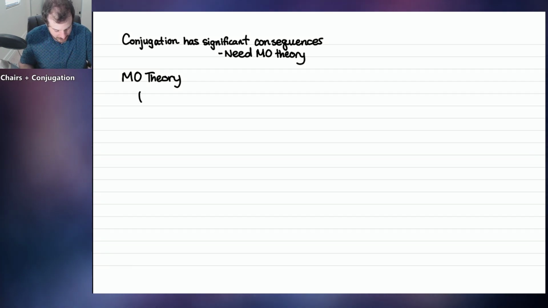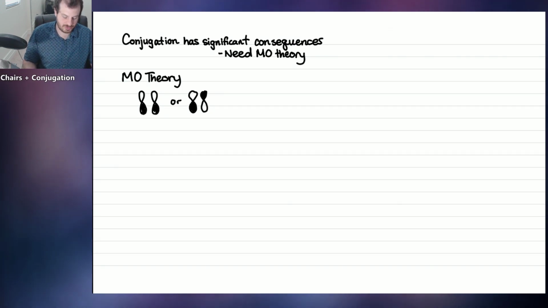So, in other words, we could have two atomic orbitals, say two p orbitals, and I'll shade them in to show the phasing. They can combine in two ways. They can either combine in phase or out of phase.